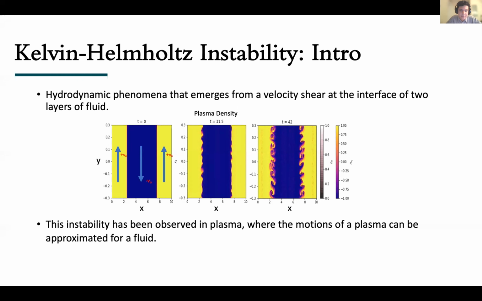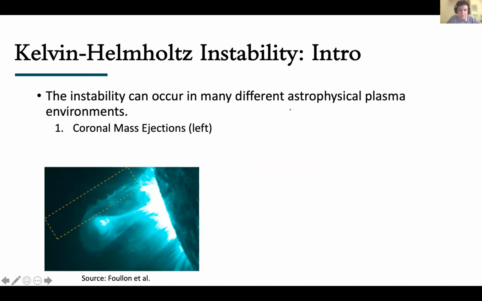The instability has been observed for plasma as well. We know that the instability can occur in many different plasma environments. One example is in coronal mass ejections at the surface of the sun or in stars.